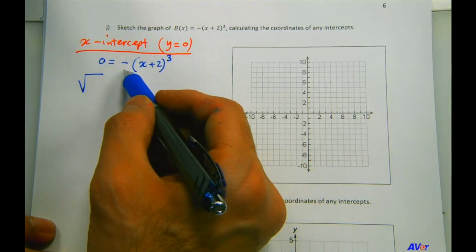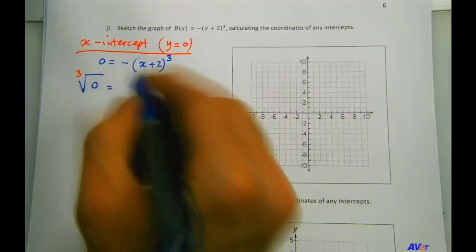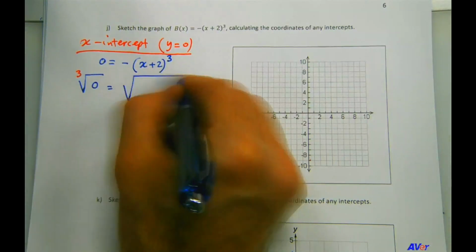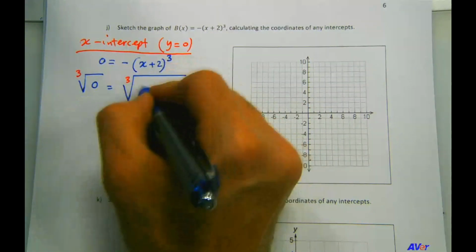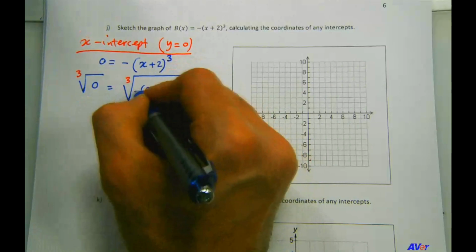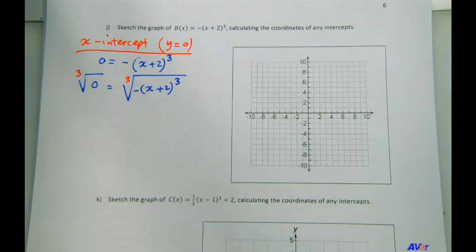It makes no difference. But the third root of 0 equals the third root of minus x plus 2 cubed, right?